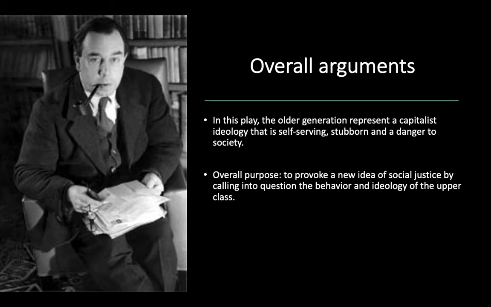First of all, you'll want to think about overall arguments. So what was the purpose really of having the older generation? And in this case, the older generation, because they are Mr. and Mrs. Birling, they represent a capitalist ideology. They are capitalist. It doesn't mean that all of the older generation in the time that this was set represented the capitalist ideology, but it just so happens that the characters in this play are capitalists.